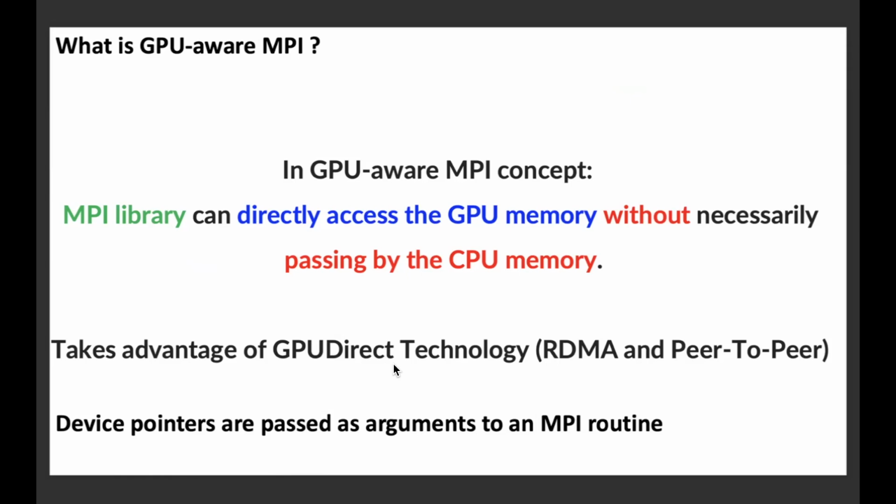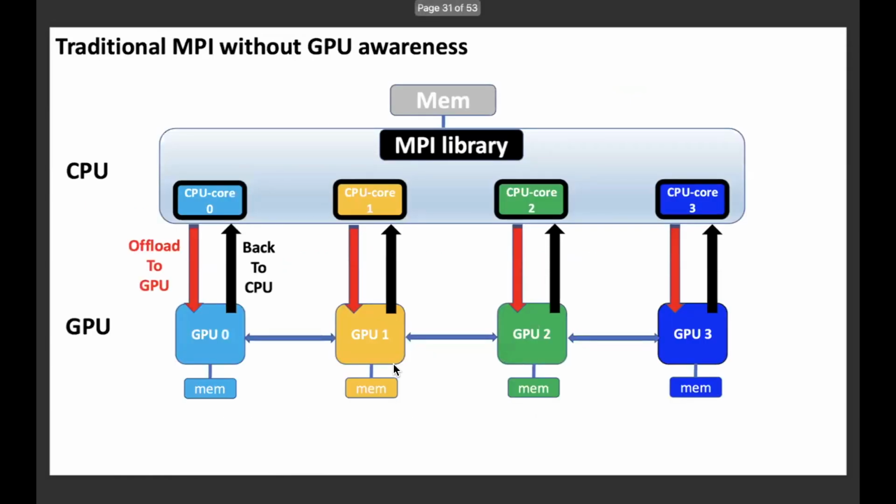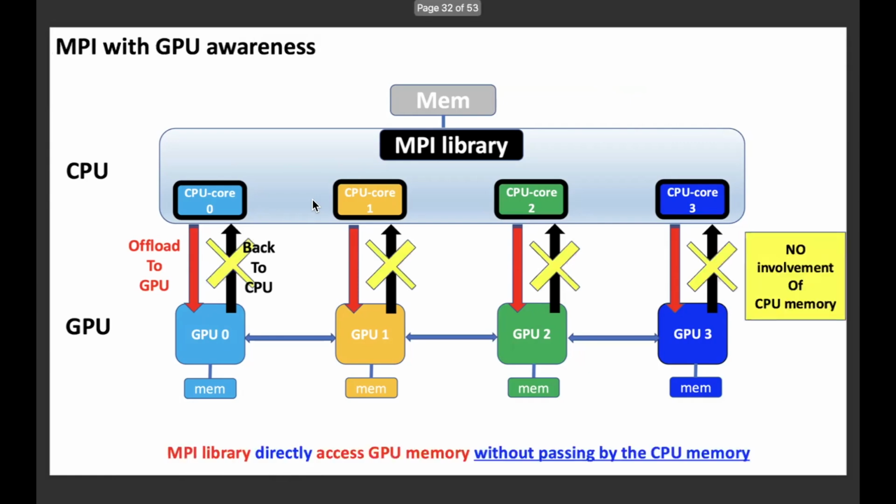To understand it much better, let's go back to the traditional MPI without GPU awareness. This is a picture that we have seen. You do an MPI operation with the CPU, copy data to the GPU, do computation on the GPU, copy back to the CPU, and do the MPI operation. In GPU-aware MPI, you really don't need to go back to the CPU.